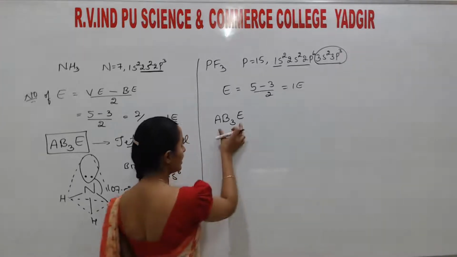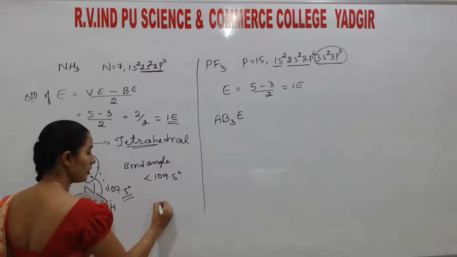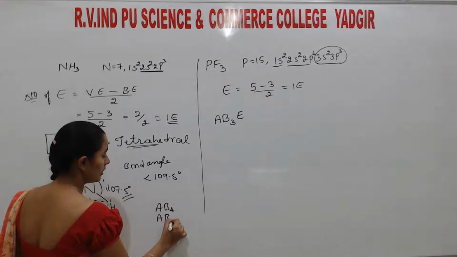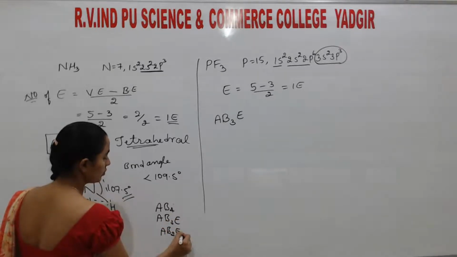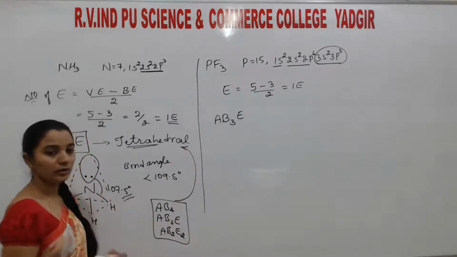AB3E type follows the tetrahedral angle. As I told you, AB4, AB3E and AB2E2 follow the tetrahedral angle.